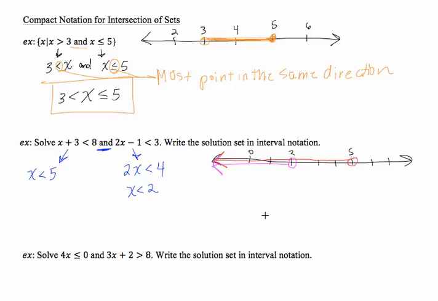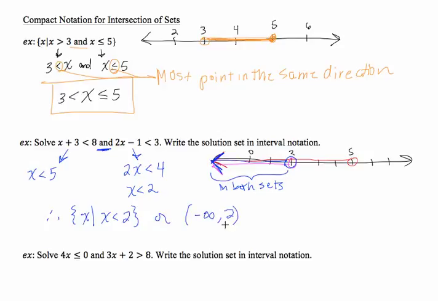So the only set of x's that are in both sets is where these two sets overlap, which is from here to here, right at 2. That's the set that's in both sets. So this can be written more compactly as simply the set of all x such that x is less than 2, or in interval notation from negative infinity to 2, non-inclusive.